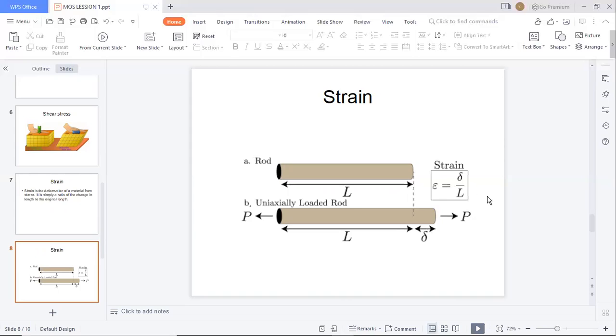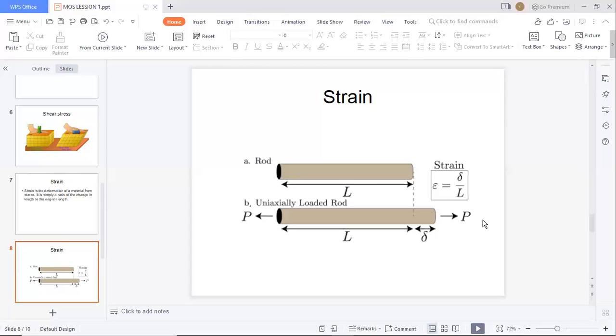So what is the original length? This is the original length of the free rod. While the tensile forces act on the body, the rod will be extended like this. This is the change in length.